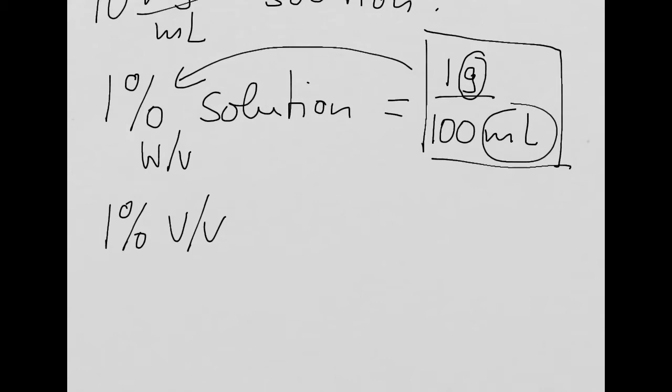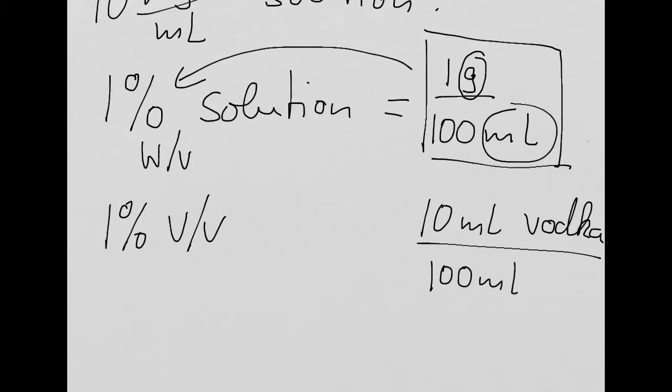That is quite frequent when you mix a cocktail, because that means you've got, say, 10 milliliter of vodka in 100 milliliter of cocktail. Here we have volume per volume. So that would be a 10% vodka solution. Okay, we have 1 gram per 100 milliliter, 1%.